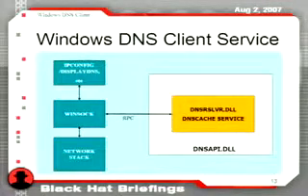And DNSAPI talks to the service through RPC, as does Winsock. This is a loose interpretation of a very complex thing that Microsoft has put together, so I'm playing a little loose with the definition here. The reason it has to look in Winsock is that a query goes out to a DNS server, and it has to come back up the protocol stack, and somewhere it says, oh, this is a DNS thing, let me throw the answer back up through RPC into the resolver cache.